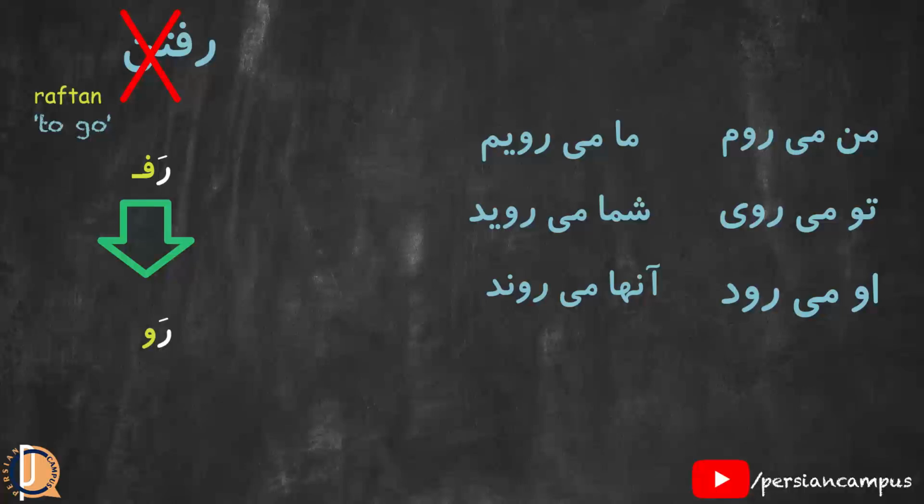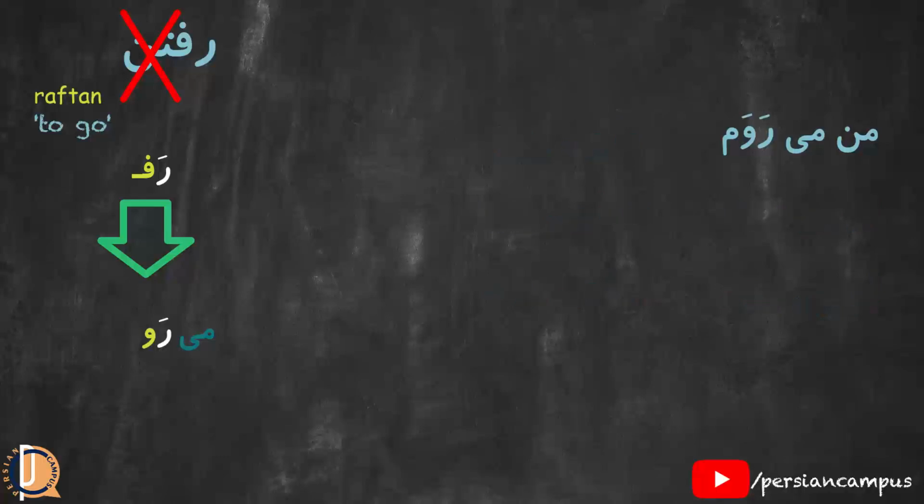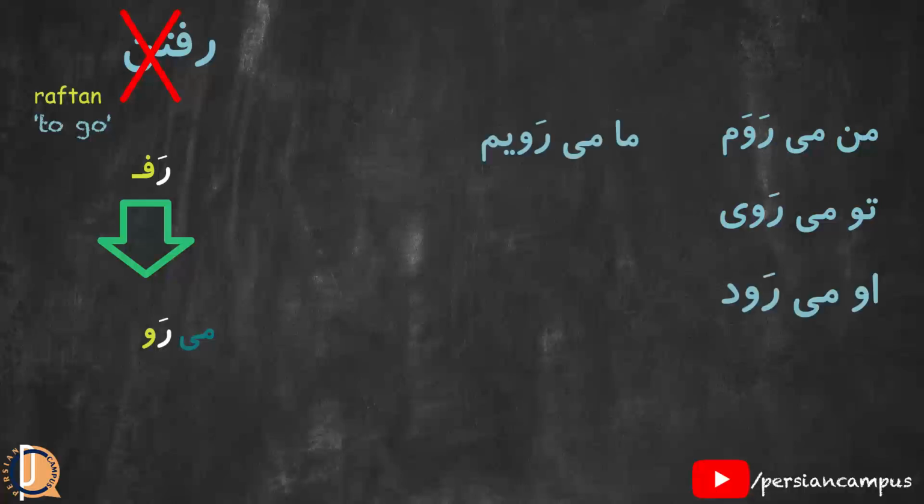Then we have the present stem, rav. Then we add the prefix mi before it. That would be mirav. Now the verb is ready to be conjugated. من میروم، تو میروی، او میرود، ما میرویم، شما میروید، آنها میروند.